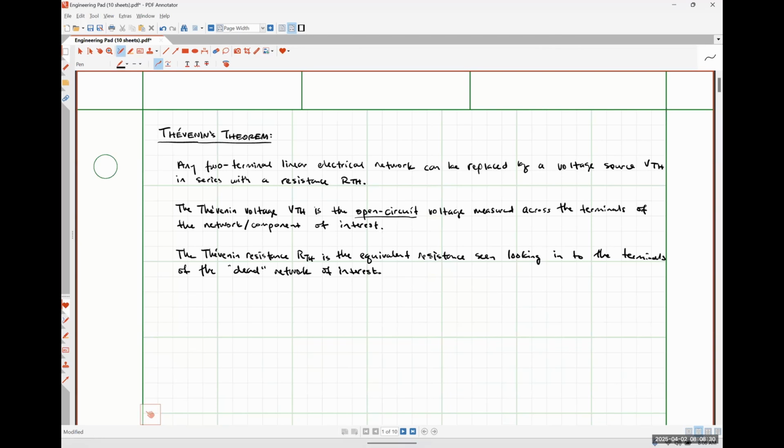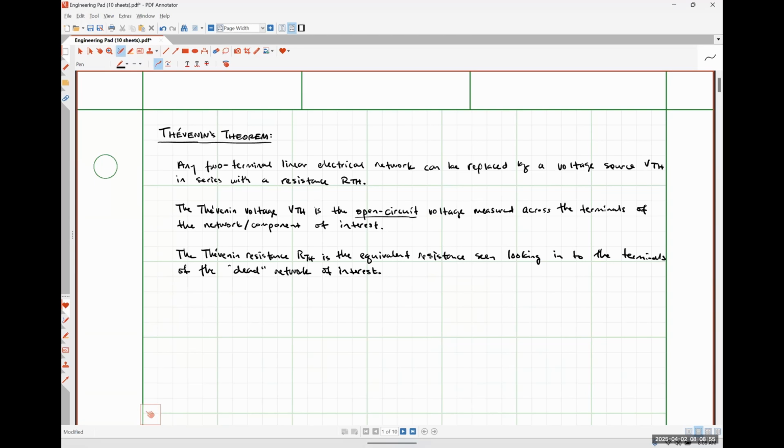So a normal circuit, okay? When we're determining the Thevenin resistance, we're looking at a dead network, and a dead network simply means that all of our independent sources are turned off. So when we calculate the Thevenin voltage, we want an electrically excited network. When we calculate the Thevenin resistance, we don't want to have any excitation messing things up, okay?